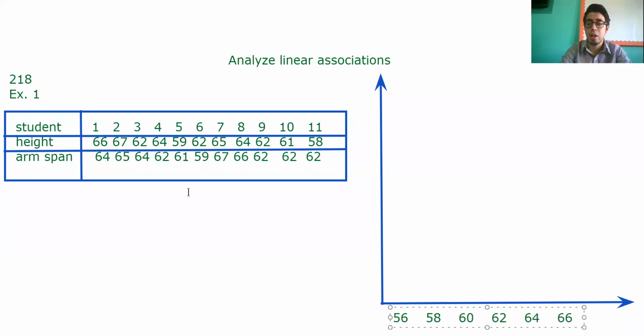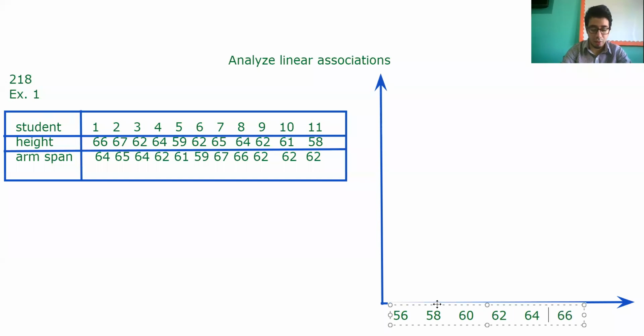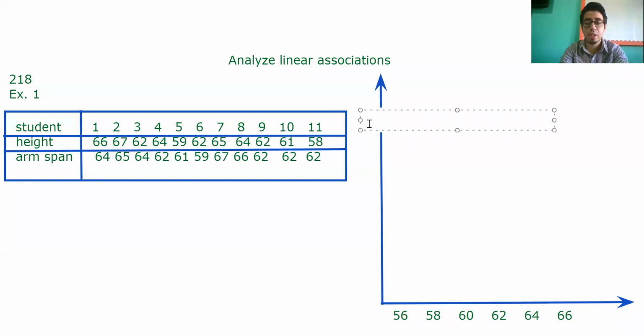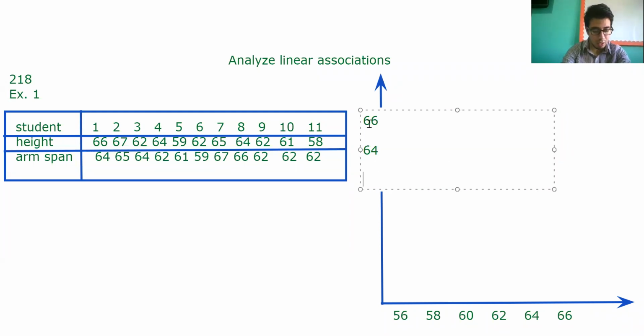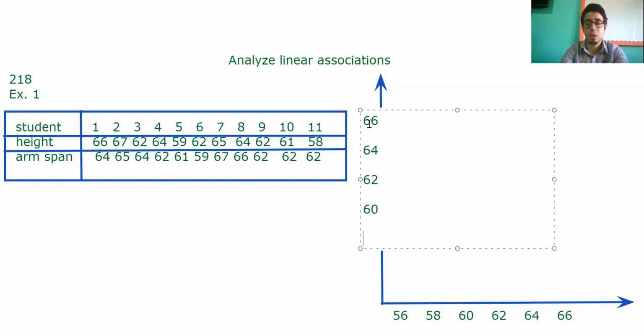You only choose the scale, okay? And for the other part, what we have? I have the vertical in here, 66, 64, 62, 60, 58, and 56. This is what we have in here.